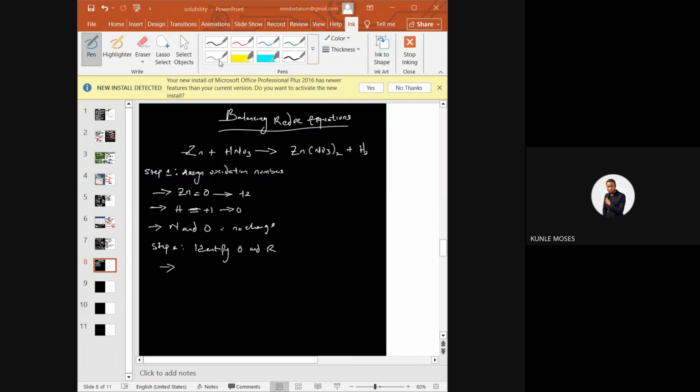So now, the next thing they ask us to do is to identify oxidation and reduction. So if we look at it, we say zinc from 0 to +2 has undergone oxidation because it loses 2 electrons. If it is WAEC, you write it has lost 2 electrons.